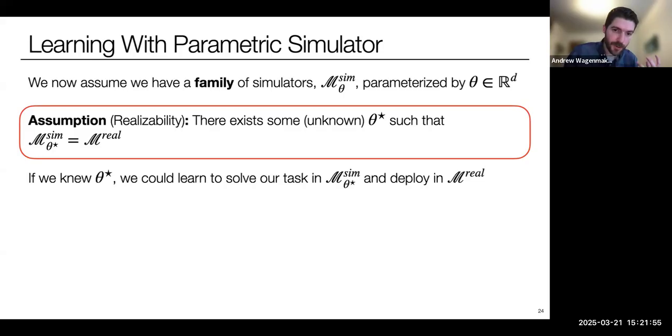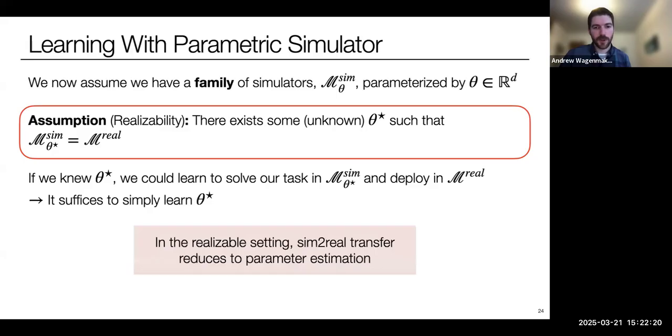Another way to think about this in relation to the first part of the talk is that I can make epsilon sim really small by finding better parameters. If I can make epsilon sim really small, then I know that direct policy transfer will succeed, as I showed in the first part of the talk. So if I can learn a good theta star, I can just optimize in my sim with theta star, deploy that in real, and it will solve my tasks. So in this setting, sim to real transfer reduces to just parameter estimation.